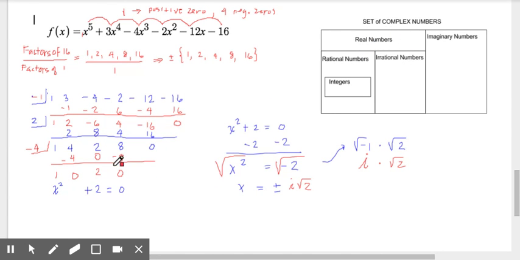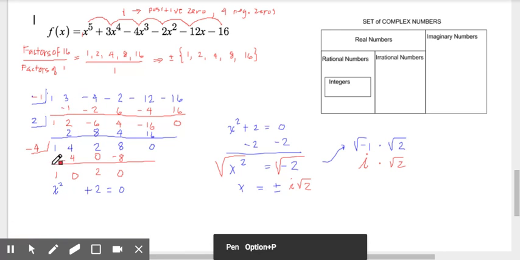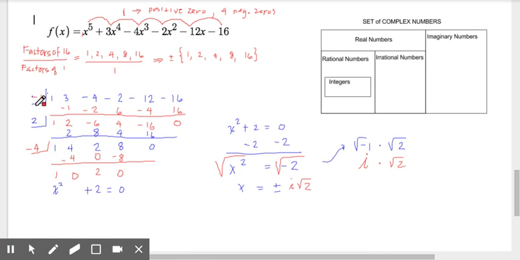Okay, so we found our 5 zeros. 1, 2, 3, 4, 5. Again, these are conjugates of each other. So let's put them first in the diagram. Negative 1 is an integer, so we'll put it here. 2 is an integer, and negative 4 is an integer.